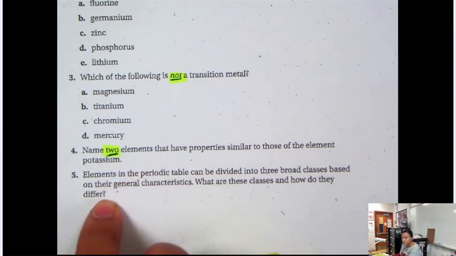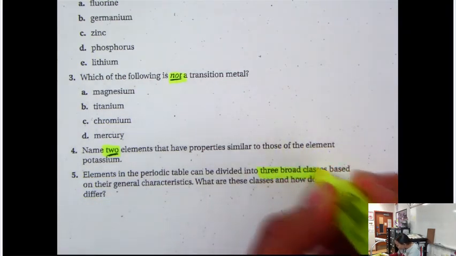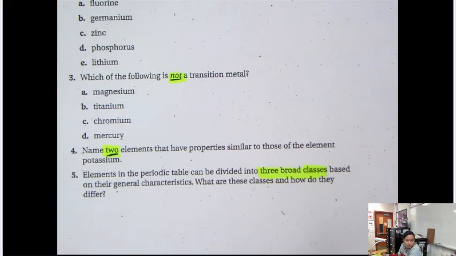Last one, elements in the periodic table can be divided into 3 broad classes. What were the 3 classes that we talked about? Just to make sure you remember, put it in the chat. What are the 3 classes that we talked about? The periodic table is broken up into 3 main classes. What are they? Good.